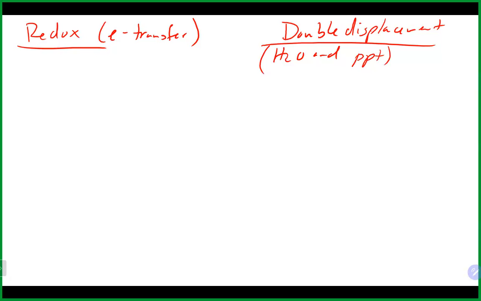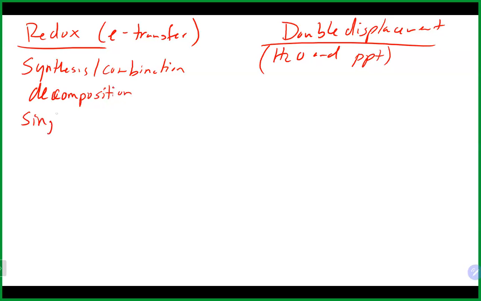So under the redox umbrella, more specific classifications are your synthesis, combination, your decomposition, your single replacement reaction, or some people will call it displacement as well, and your combustion reaction.